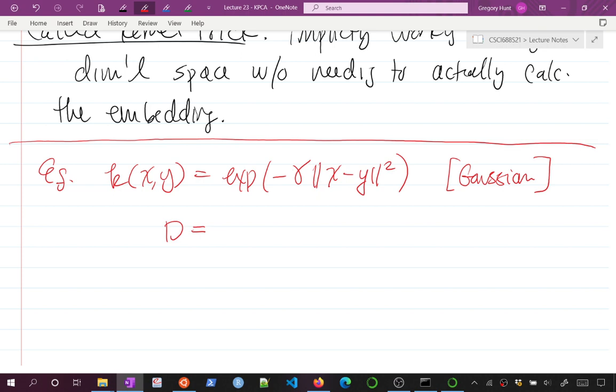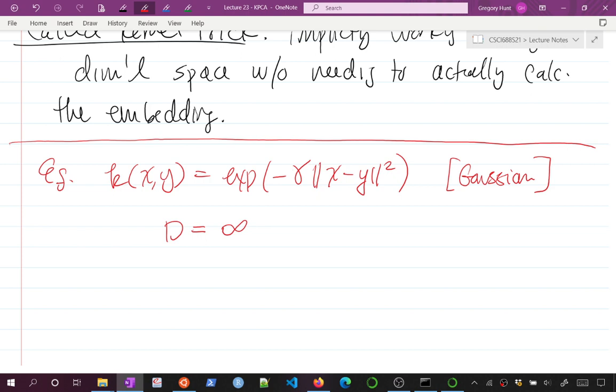For example, if you work with this Gaussian kernel, it turns out that the space you're embedding into is an infinite dimensional space. You can think about that because the Taylor expansion of an exponential function is basically a sum of all polynomials: x, x squared, x cubed, x fourth, x fifth, with some factorials in there.